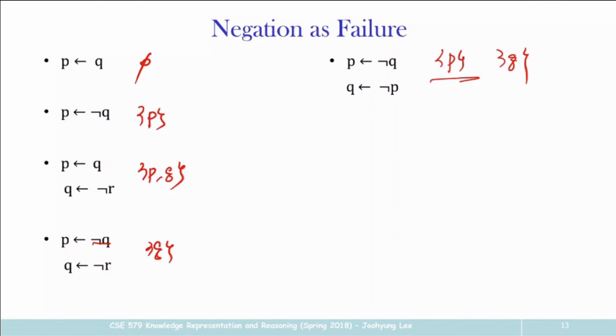Okay, that's what the stable model is saying, right? If you think about this, not P is actually false. Okay, so then this rule does not work. But since not Q is not derived, not Q is true, so then P must be true.